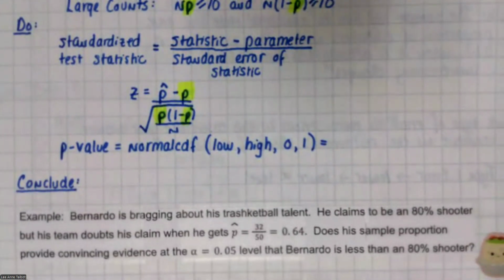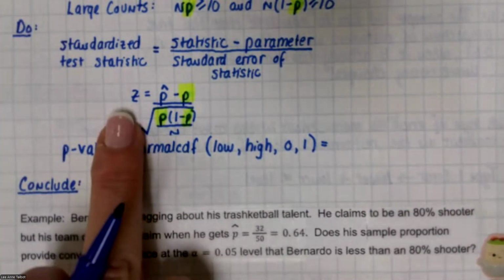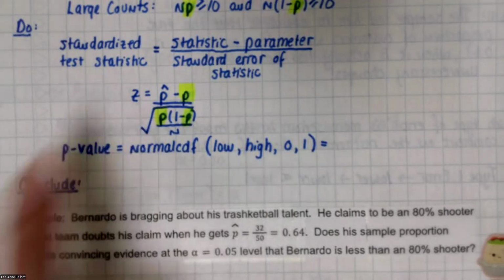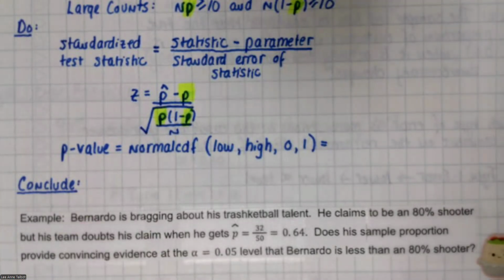You're going to use 0 and 1 for your mean and standard deviation because that's what you use when you have the Z-score. If you look back at my poster back here, the big numbers, -3, -2, -1, 0, 1, 2, 3, those are Z's. And the mean is 0 and the standard deviation is what?